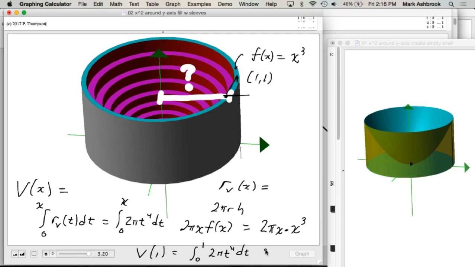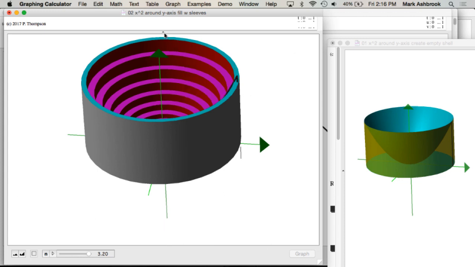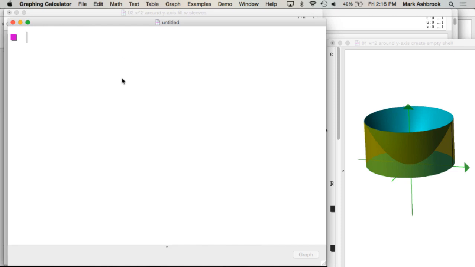So in GC, let me show you how you do that. I'll just open up a new window here. So we can say our volume, use control 9 to define functions, equals. For the integral, you press control shift I. We're going from 0 to x, what do we say? 2 pi t to the 4th, and we want dt.